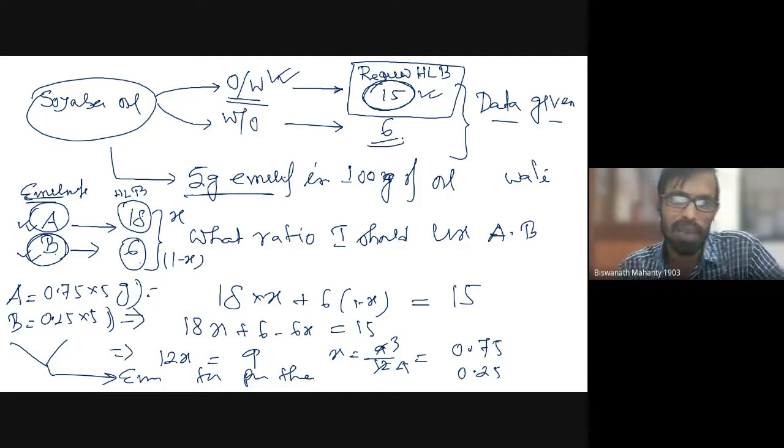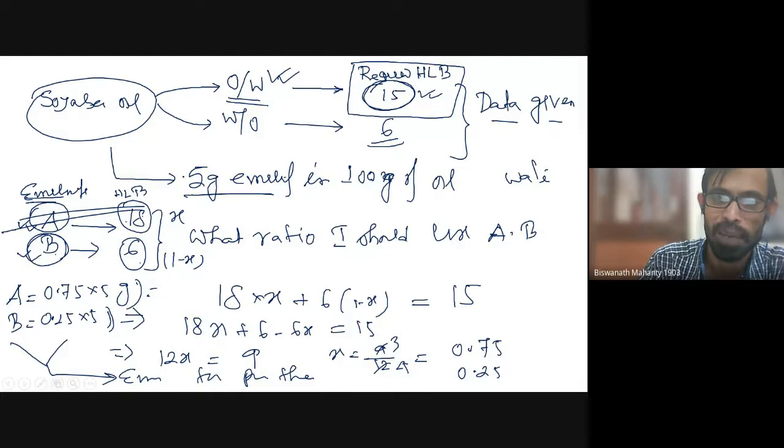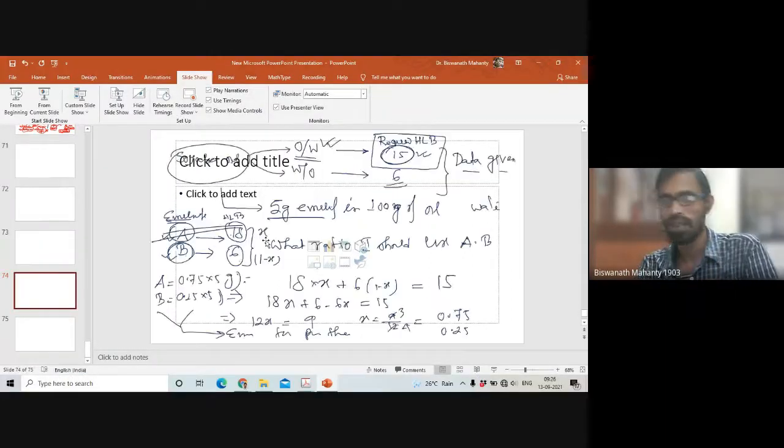That means that time I only use B. I need not use A at all. If I use A, I can never prepare a water in oil emulsion, because its HLB is 18 and I need 6. So you need to understand how I can select an emulsifier for preparation of the emulsion in practice. These are the basic two things we wanted to have.